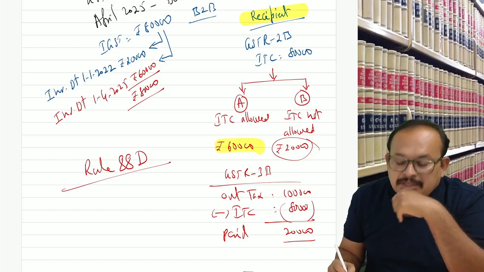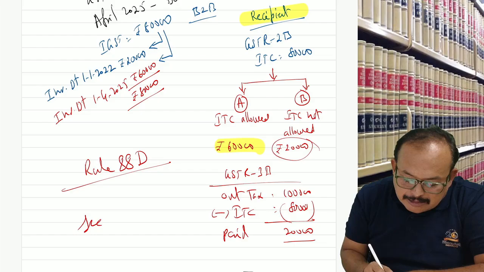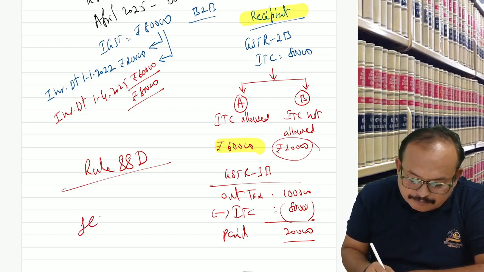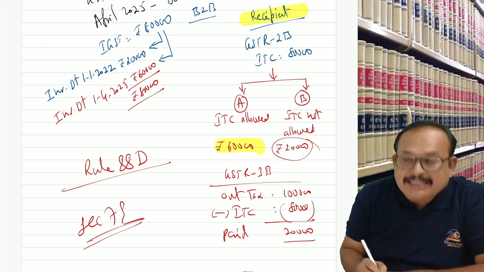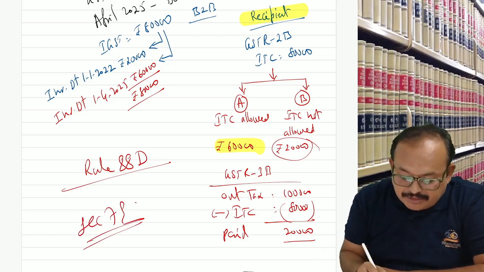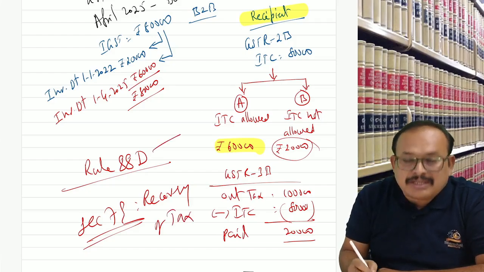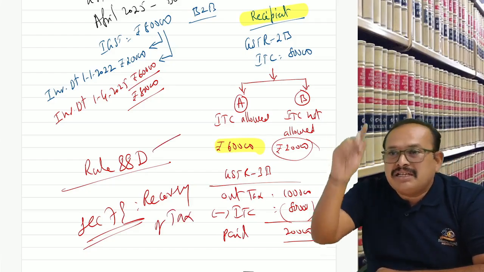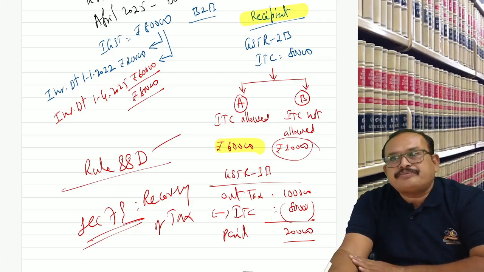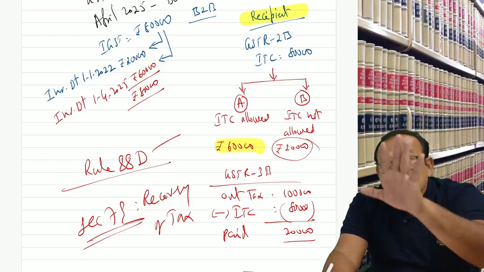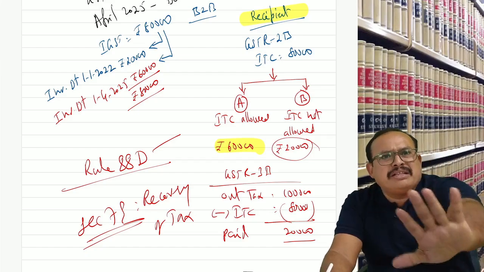If not, the department will invoke section 79, recovery of tax. The notice issued under rule 88D itself is a show cause notice. You have to pay or reply within 7 days.